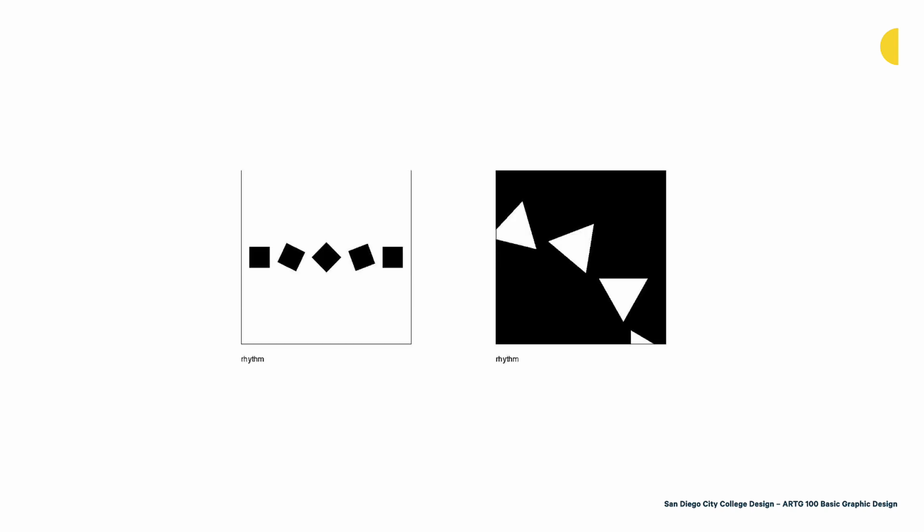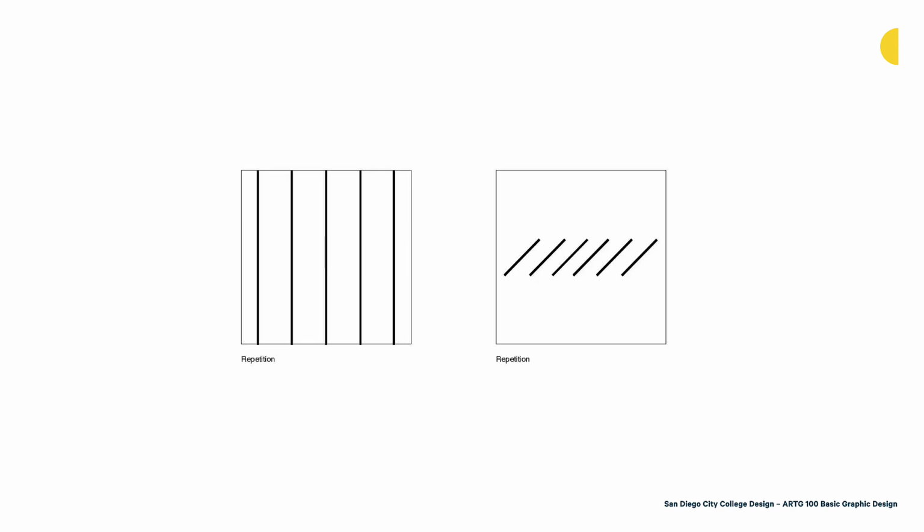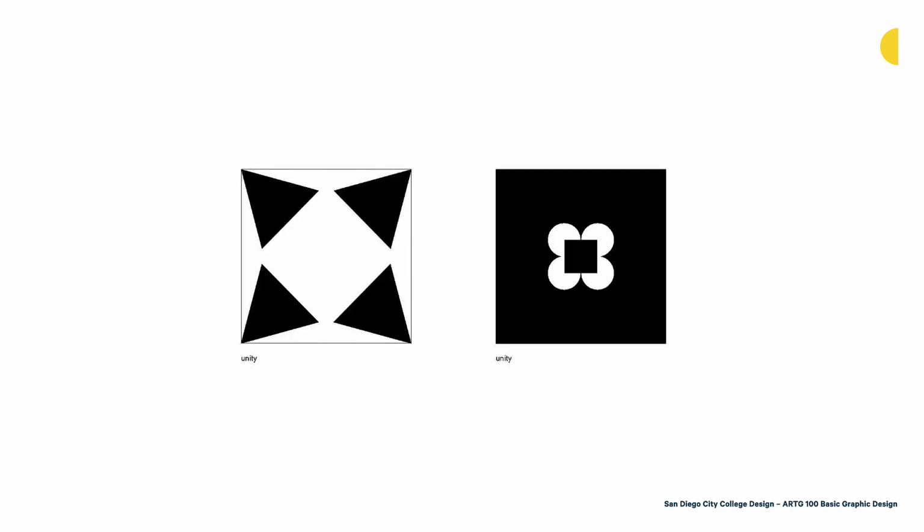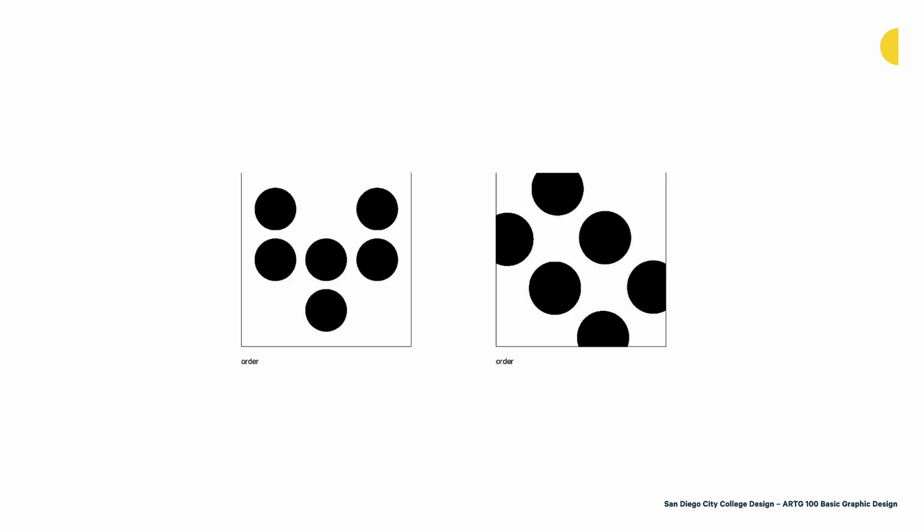Here's a set that's showing rhythm using planes. Here's some that show repetition using lines. This is unity using planes. So you can see that unity and how these are using unity to create an organizational structure. So these are just examples to get your ideas flowing so you can see a little bit of what we actually working on, what's the end product on this assignment.